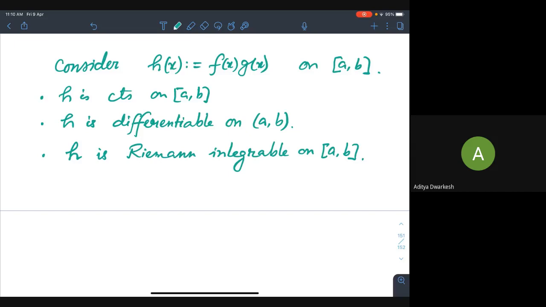Can you say the function is integrable on the closed interval also? It doesn't matter because a finite number of points of discontinuity doesn't matter. So endpoints one can consider as discontinuities once the function is bounded. As soon as the function is bounded, it doesn't matter. Is this clear?